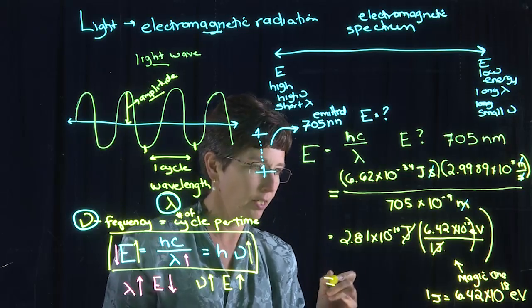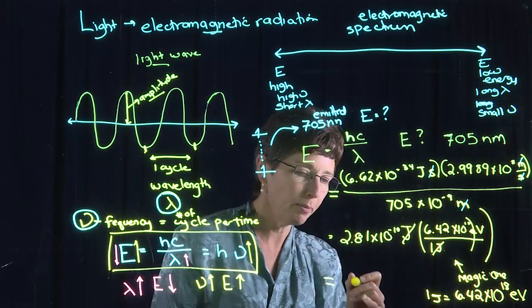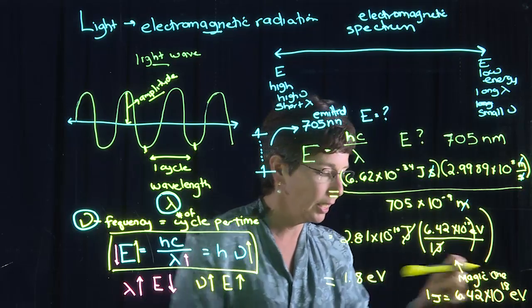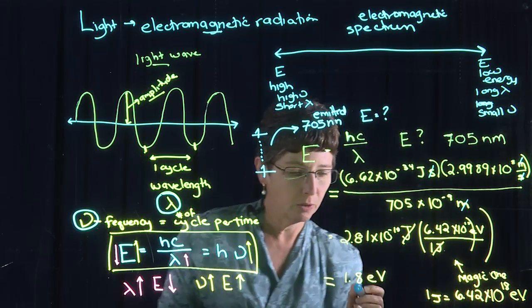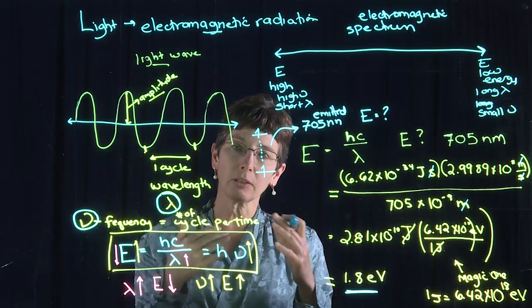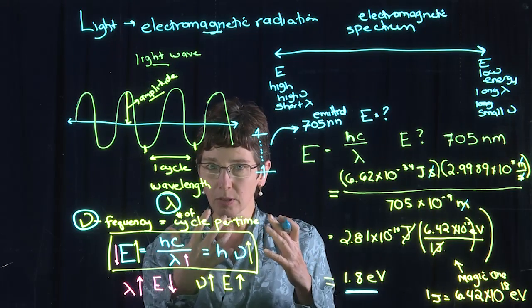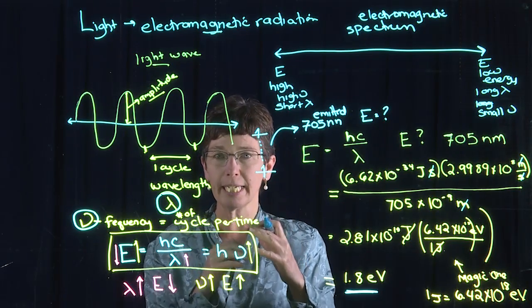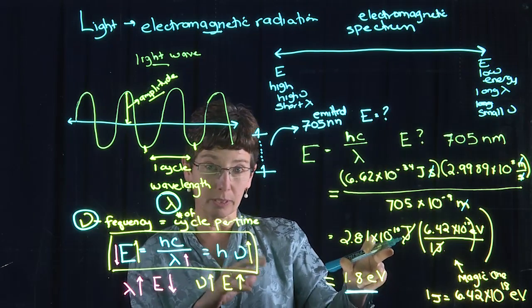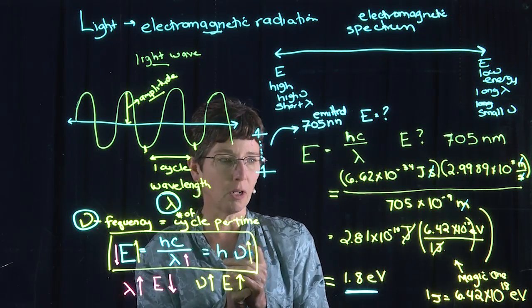So then this is also the same thing as 1.8 electron volts. And this range, this order of magnitude of electrons having energy of a couple of electron volts within an atom is the right order of magnitude. And in joules, they end up being a very small amount of joules.